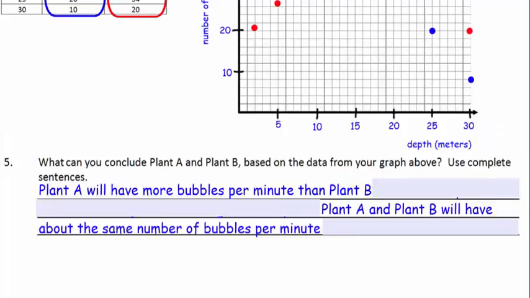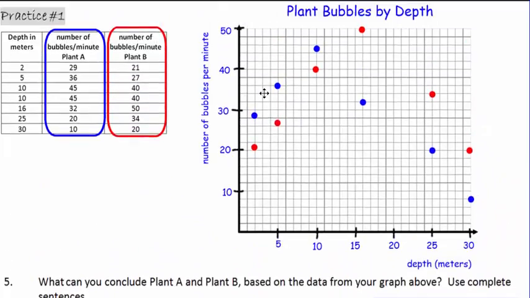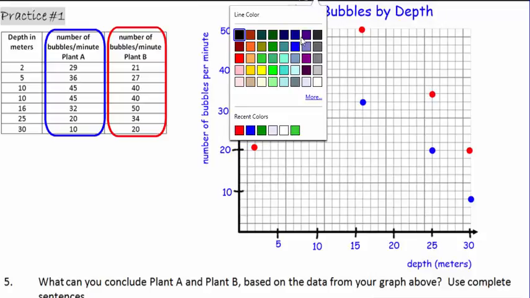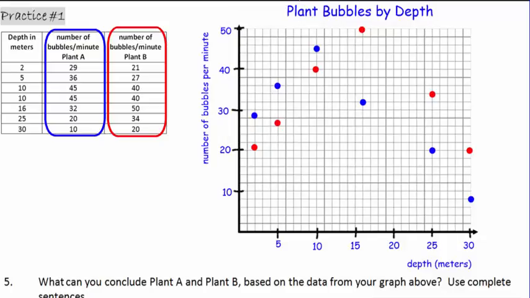Okay, so plant A, if we look at this, that's the blue one. If it helps, go ahead and connect the dots. You won't really be able to connect absolutely everything, but let's see, we can do this. It's approximate, but there we go. So then it gives you an idea, especially if you used the same color.